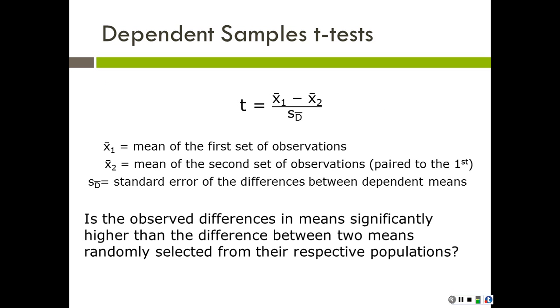So again, this value just tells us the amount of error we can expect from repeatedly randomly selecting a sample and calculating the average difference in their pre or post-test scores.